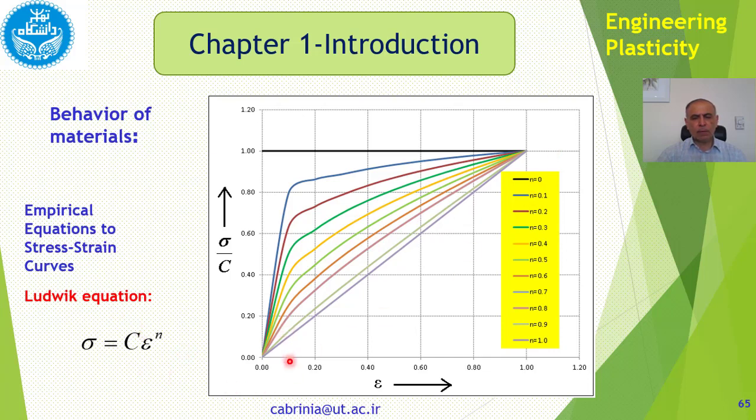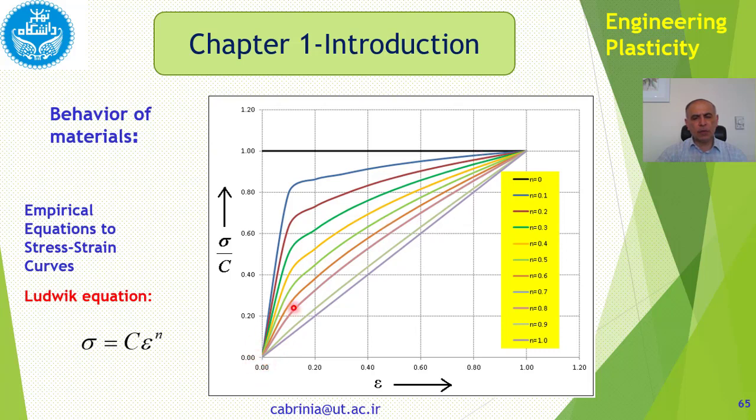As you can see in here, for n equal to 0, we have no strain hardening. And n equal to 1 also gives a straight line like elastic behavior, right? But for the rest, between 0 and 1, we have some curves which show the plastic behavior. If epsilon is 0, sigma is 0. So it starts from 0.